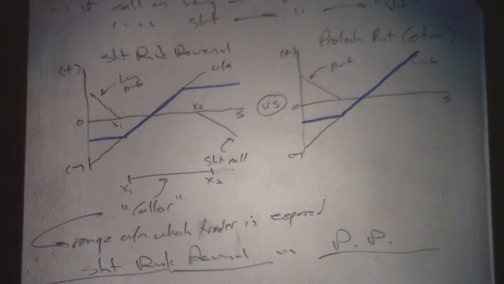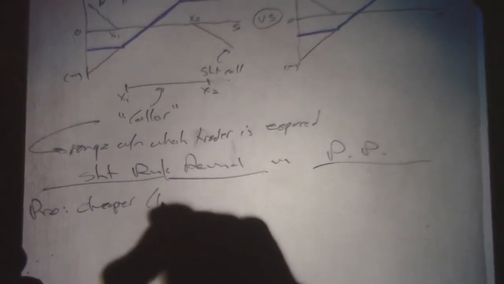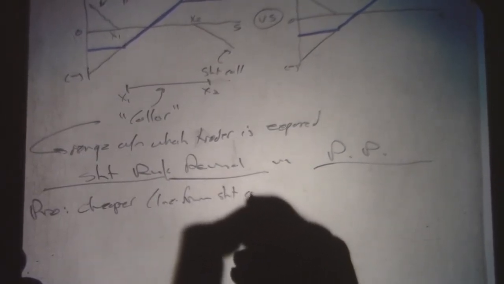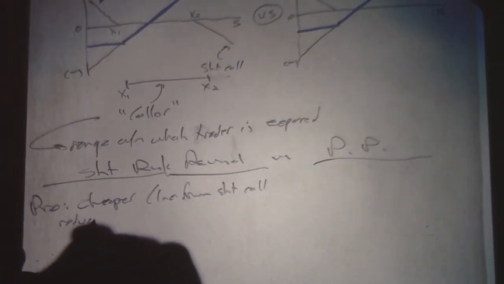Give me a pro relative to protective put. It's cheaper. Why is it cheaper? Yeah, so I'm making some income. So therefore, it is cheaper, i.e., income from short call reduces the cost of the hedge.